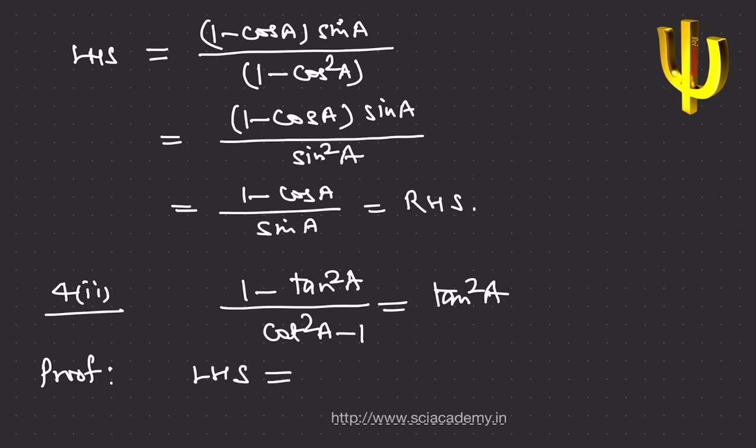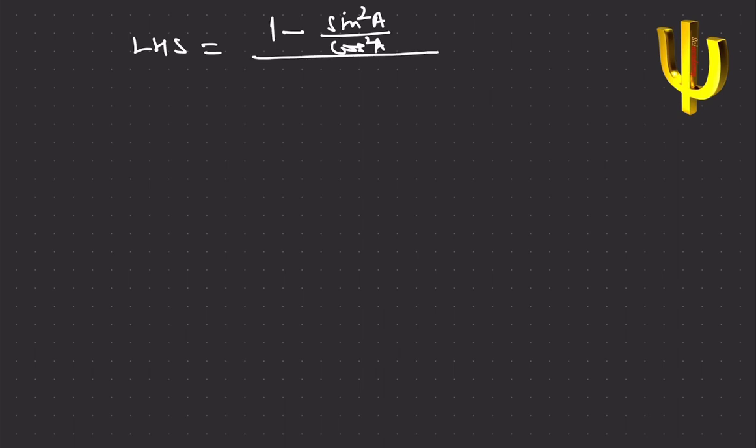Let LHS equals 1 minus tan square A divided by cot square A minus 1, which can further be written as 1 minus tan square A can be written as sin square A by cos square A divided by cot square A can be written as cos square A by sin square A minus 1. So we got this.